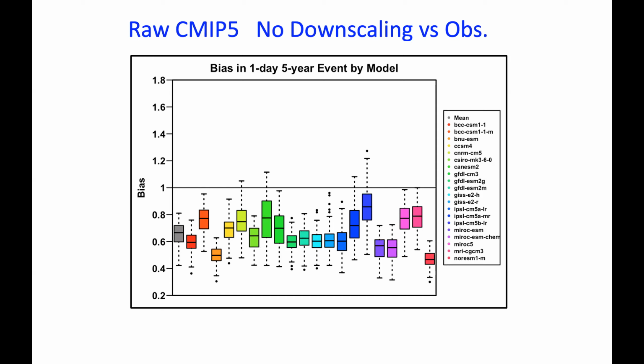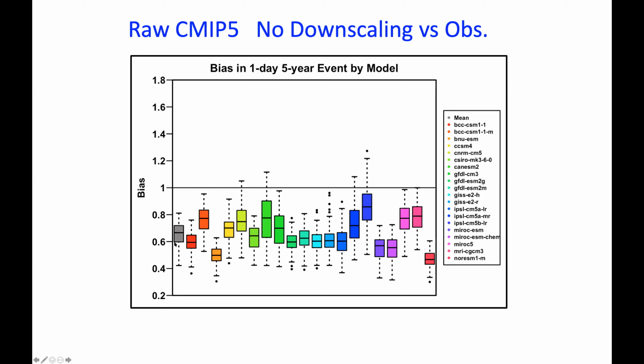So in this figure and many of the ones that will follow, just to give you the lay of the land, each of the box plots shown by different colors are the different models in the CMIP-5 suite of global models that we used.